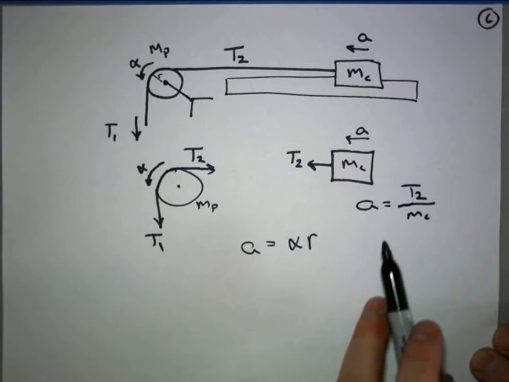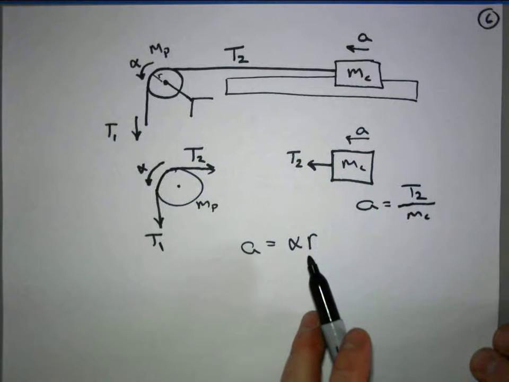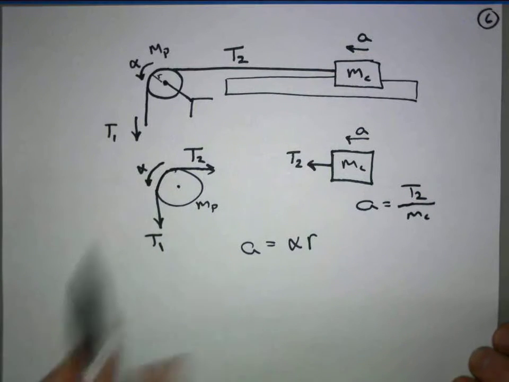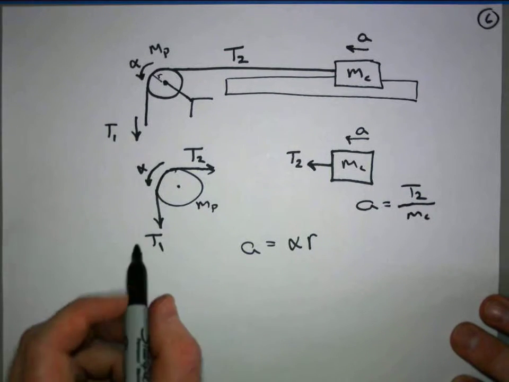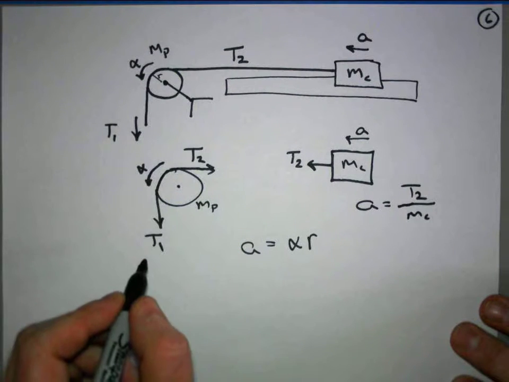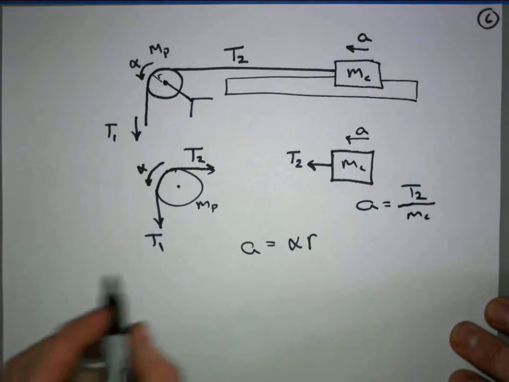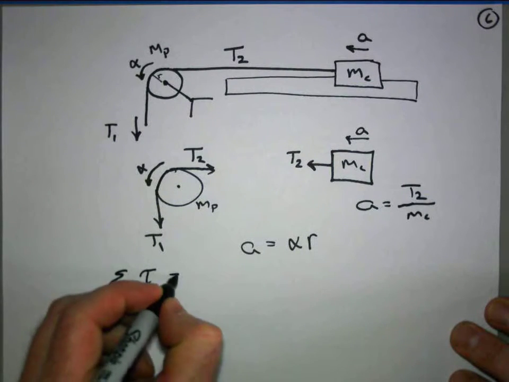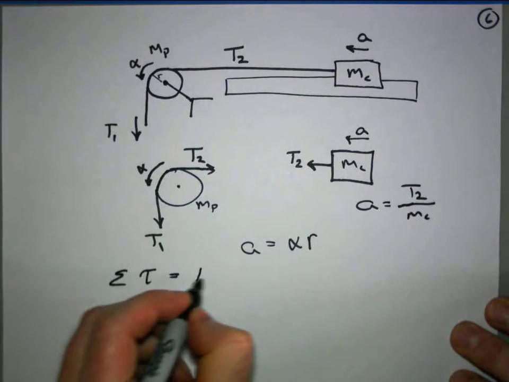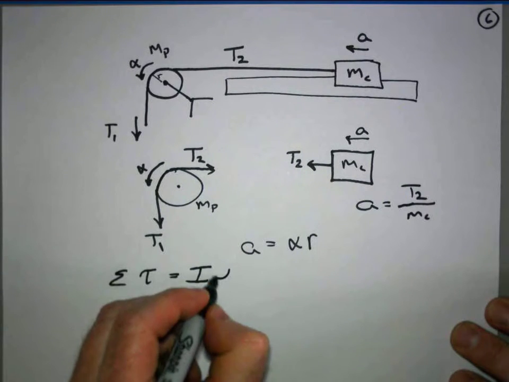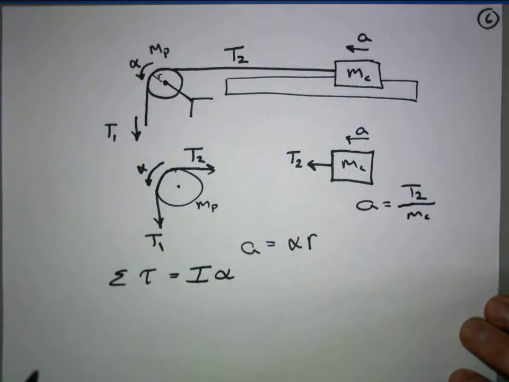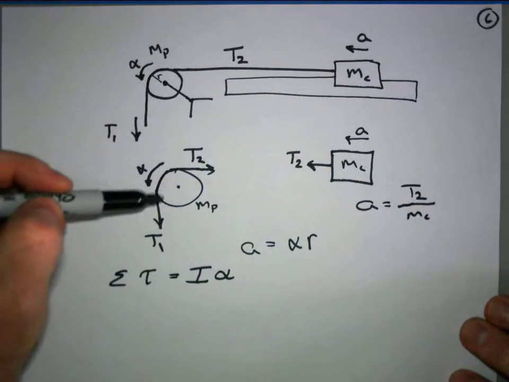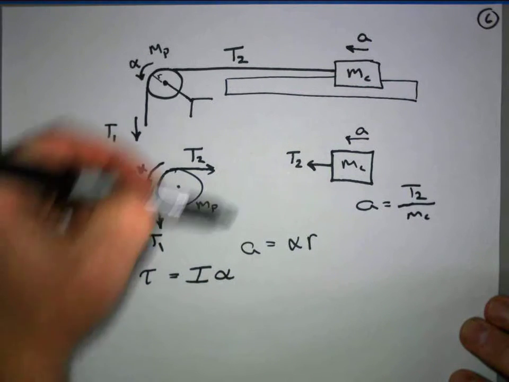Then I can equate this to what's happening angularly on the pulley. And also what I know about this is that the sum of torques about the pulley have to be causing that angular acceleration. And sum of torques is just moment of inertia times angular acceleration.